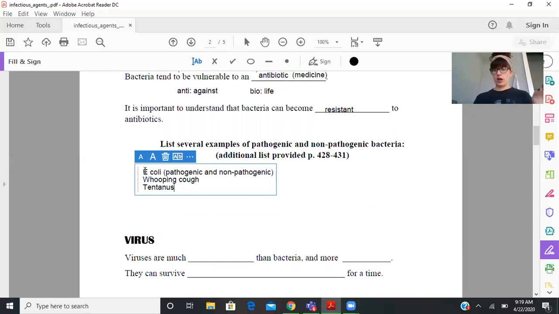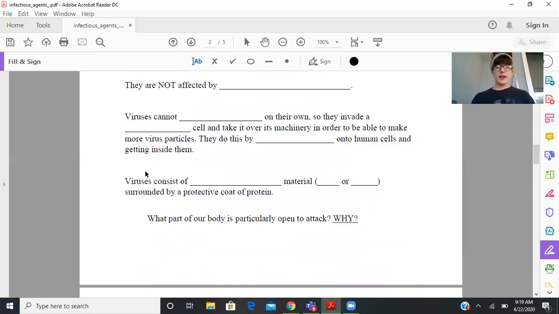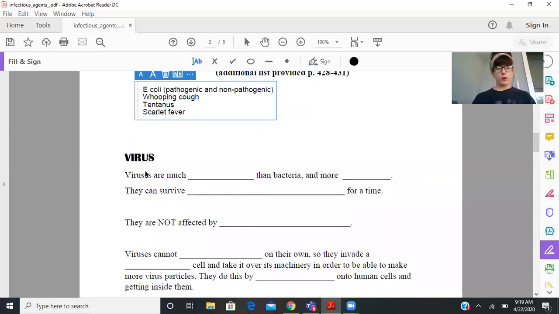You always get a tetanus shot just in case because the rust can have that bacteria. Scarlet fever, these are older ones. And then I don't know if you guys have ever played Oregon Trail, but dysentery was an illness that a lot of families would die from when they were traveling back in the old days. And it's just a bacterial infection.